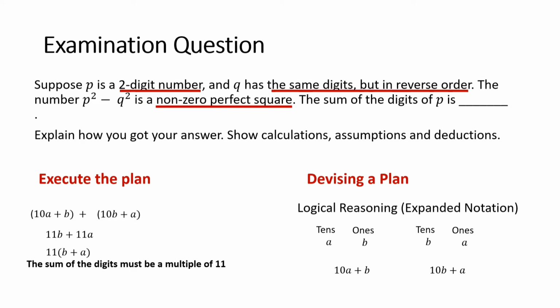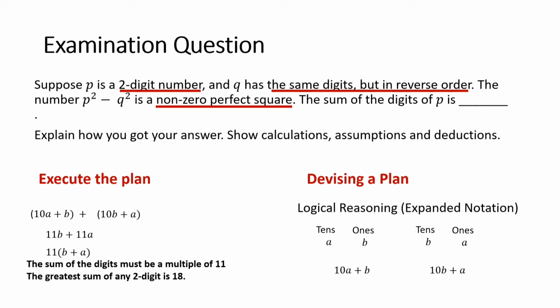We can also deduce that the greatest value of the sum of two digits in any two-digit number will be 18. This is because the maximum digit in the tens value is 9, and the maximum digit in the ones value can be 9, and 9 plus 9 is 18.